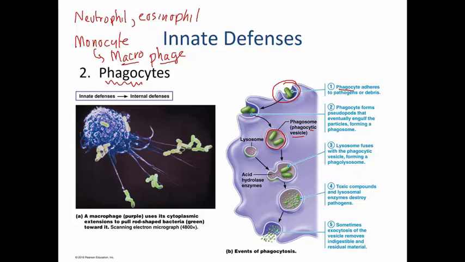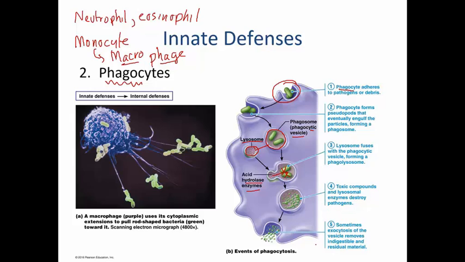And that vesicle is then going to fuse with a lysosome, which you will probably remember is an organelle within the cell that contains hydrolase enzymes. Those enzymes are going to break down the pathogen into small pieces. So toxic compounds and lysosomal enzymes destroy the pathogen.